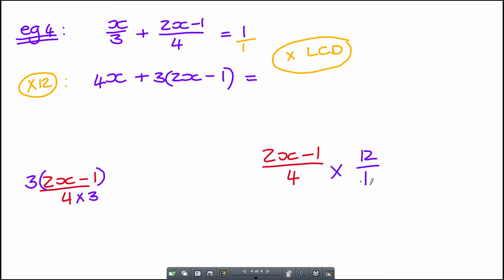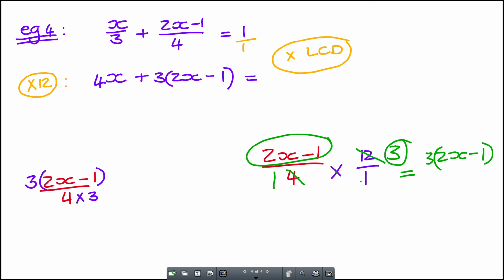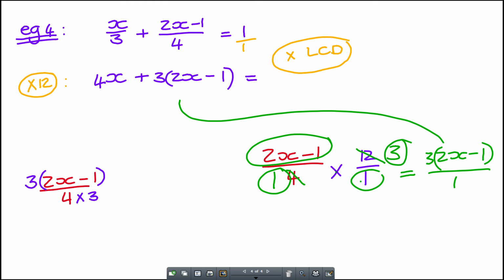Right, so I multiply with 12. Now I can cancel out. 4 will go in once, and 4 will go in 3 times. So at the top, can you see I've got 2x minus 1? And that must be multiplied with 3. So, like that. And then 1 times 1 will still just be 1. Can you now see it's the same as what I have there? Does this make sense?